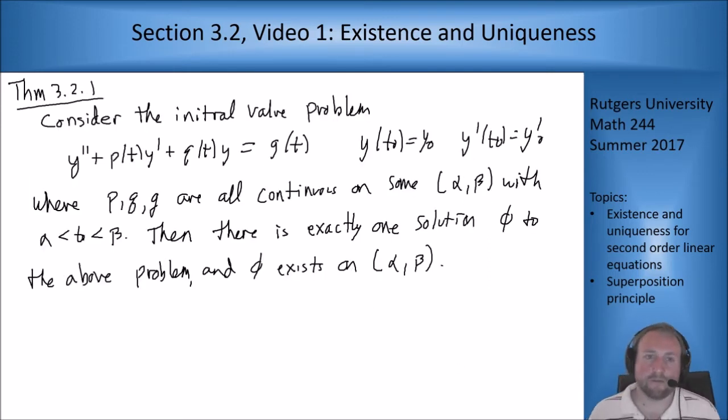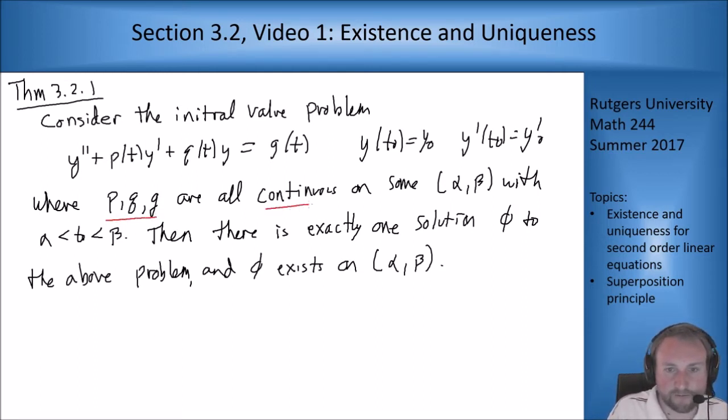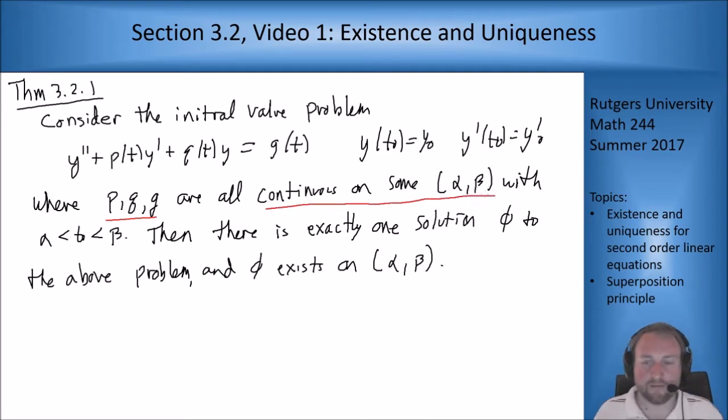All right, so here is that theorem. If we look at the initial value problem y'' + p(t) y' + q(t) y = g(t), with two initial conditions, as long as all three of our functions, p, q, and g, are continuous on an interval alpha to beta, with t naught in that interval, this should look familiar because it's very similar to the condition for our first order linear equations, where as long as p and g were continuous with our initial value somewhere in there, then there exists exactly one solution.